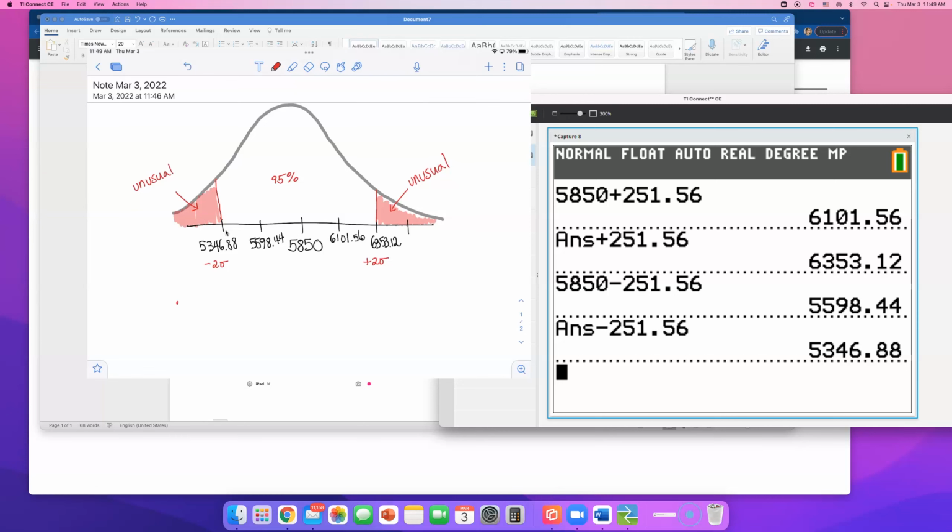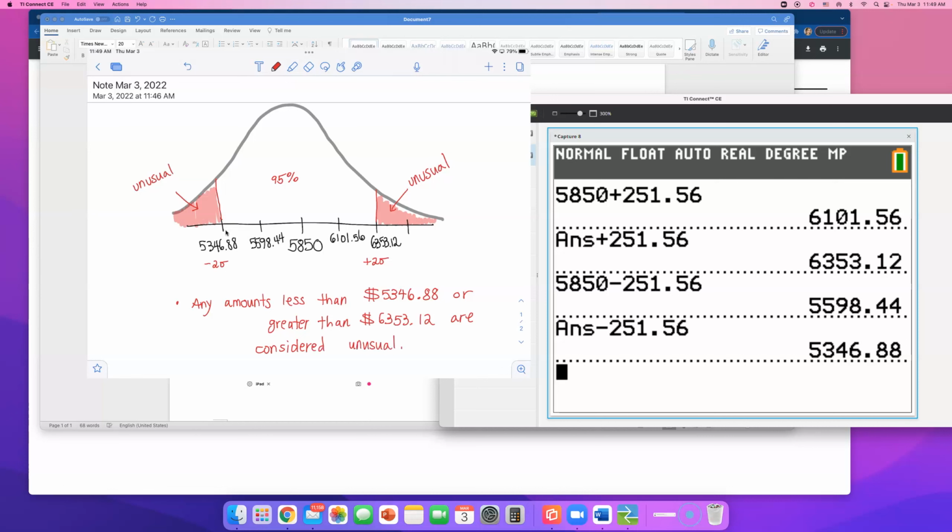So my conclusion is this: any amount less than 5346.88 or greater than 6353.12 is considered unusual.